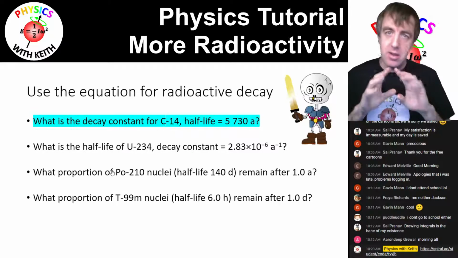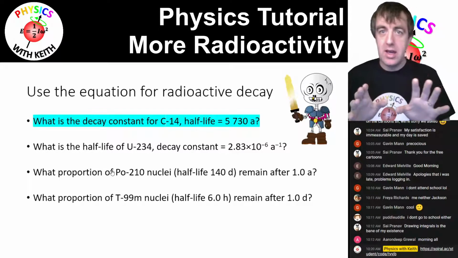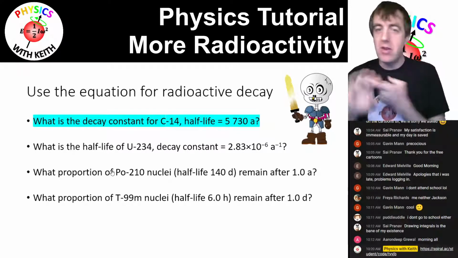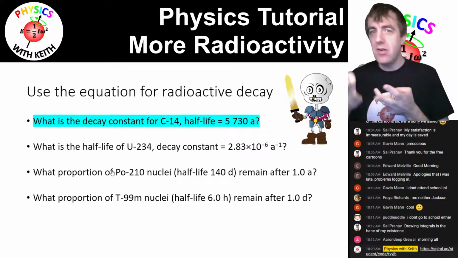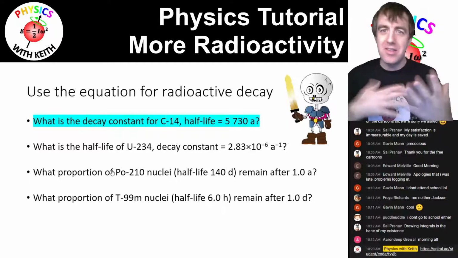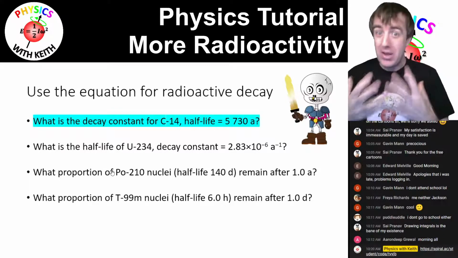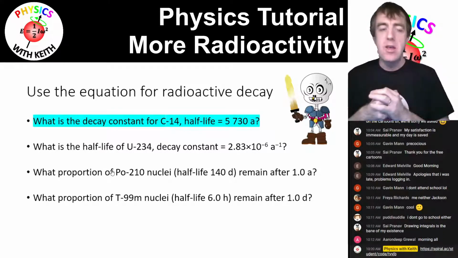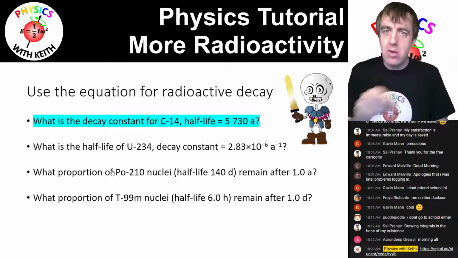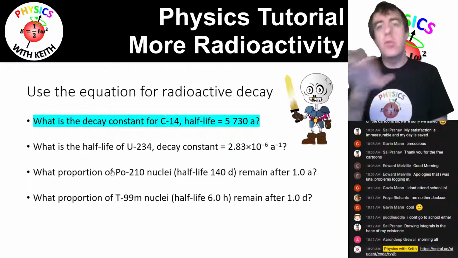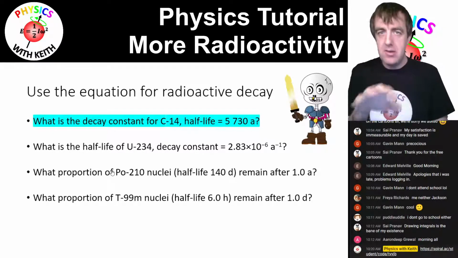Be careful of that, because in exams, you could get half-lives given in weeks, days, or milliseconds. You have to make sure you can handle the unit correctly. If you have a unit prefix like milli or nano, I would enter that in standard form instead.